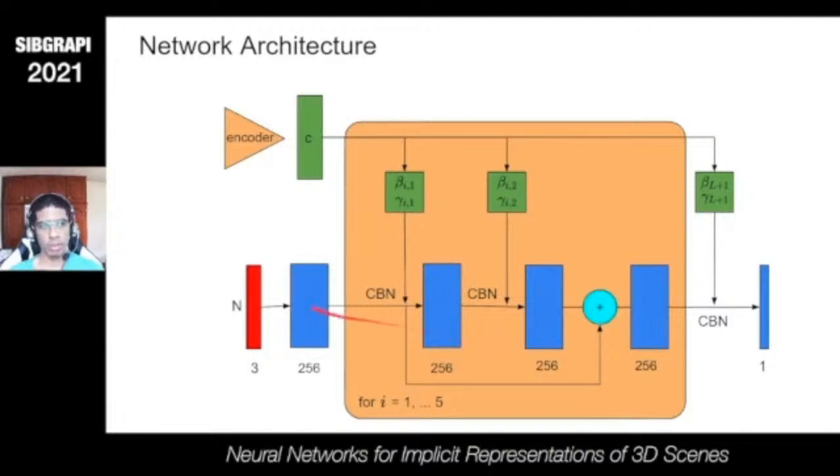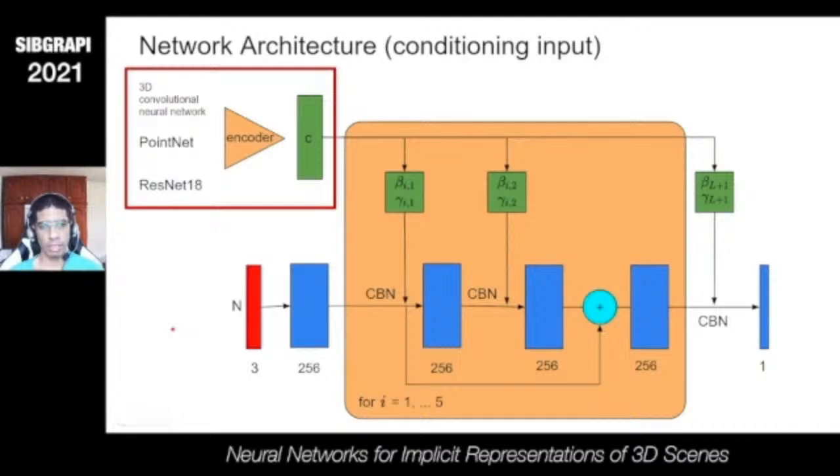So let's talk about the network architecture now. We will divide the architecture in a few parts that are important for understanding. First, we have the part that's related with the conditioning of the input. And this is quite simple. We just have an encoder, and this encoder provides a code C based on the input.